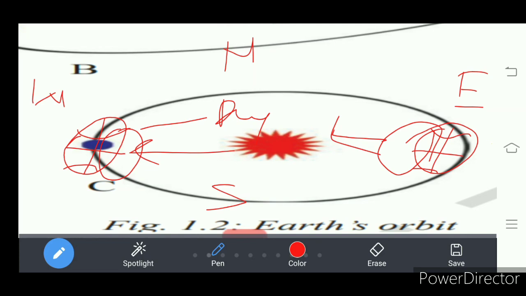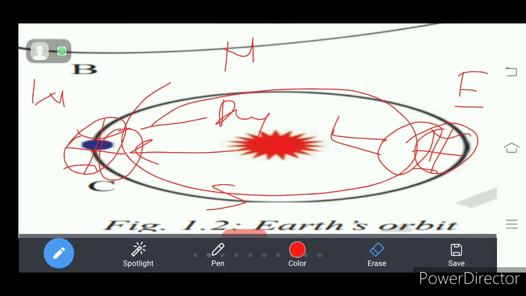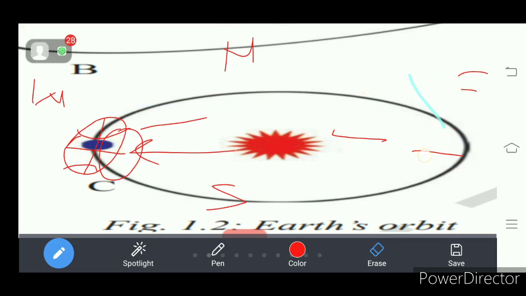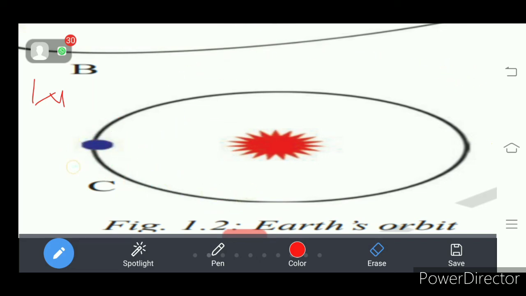Different places on the earth will get light in different positions as it revolves around the sun. Understand? So the movement of the earth around the sun causes the seasons. Due to this we get seasons.